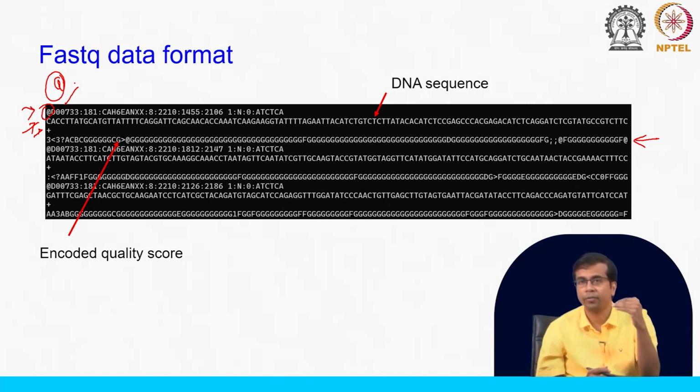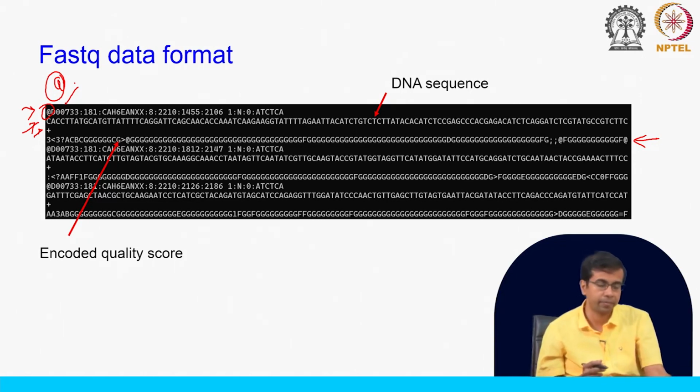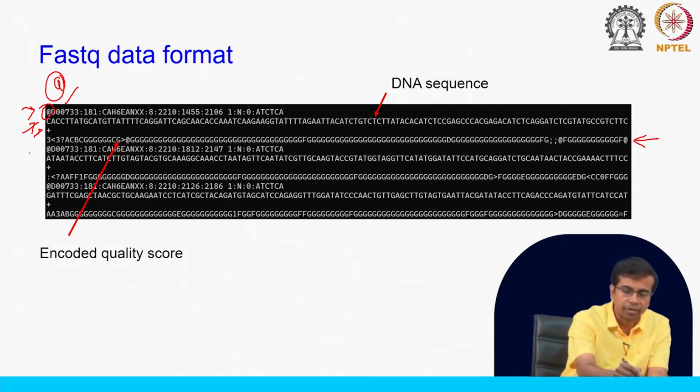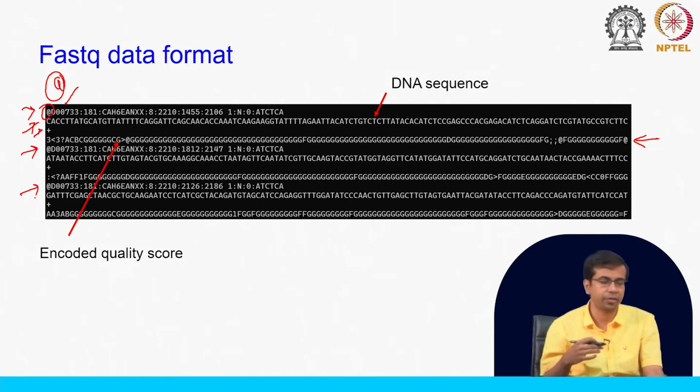And if you are writing a program yourself, you can go through this very quickly, and the data is stored in a very efficient manner because it is not taking too much space. And this kind of repeats. You have this one, then the next read, and for each read you have the sequence information and the quality score. Okay.